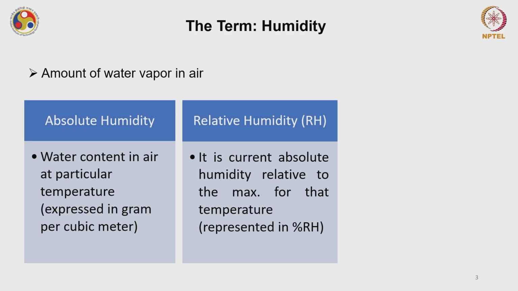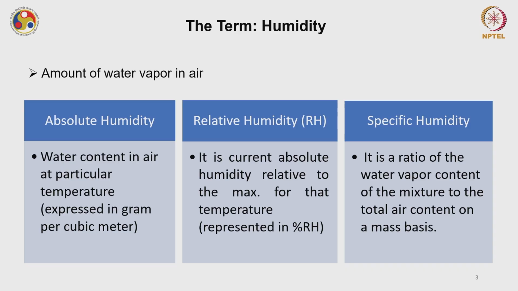As the definition suggests, it's a relative term. It defines the current absolute humidity with respect to the maximum that is possible for that particular temperature, and it is usually represented in percentage. So you can define it as the current absolute humidity relative to the maximum for that temperature, multiplied by 100.